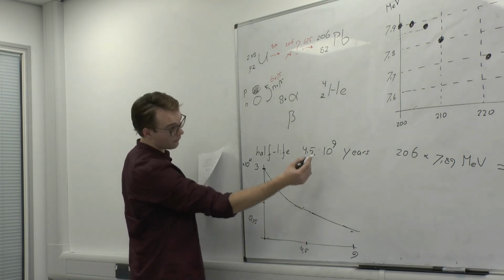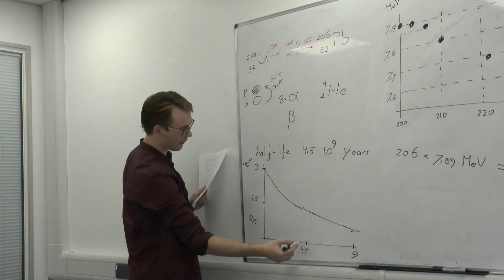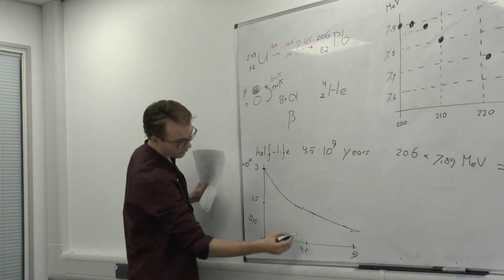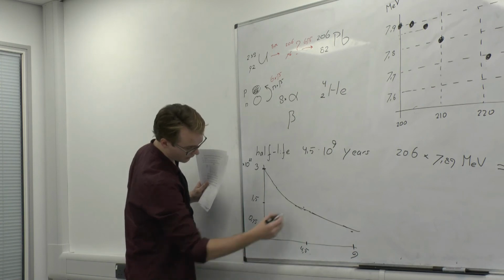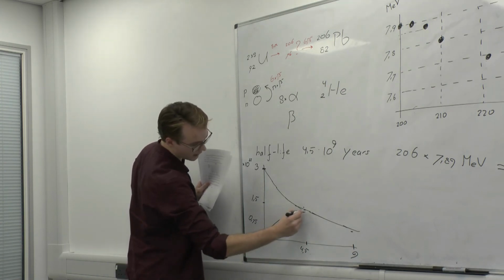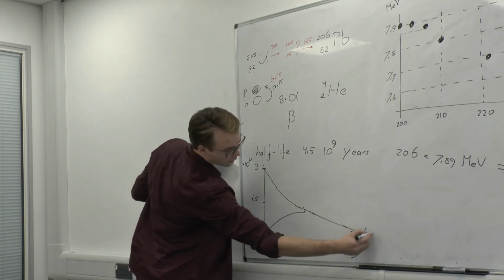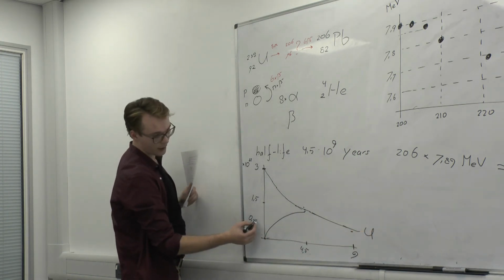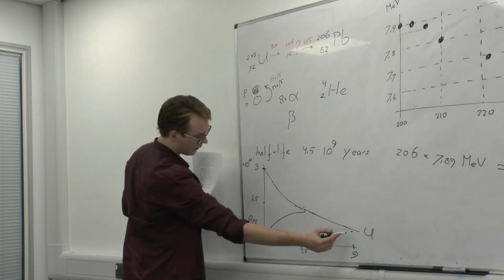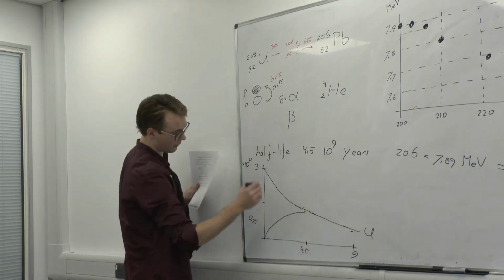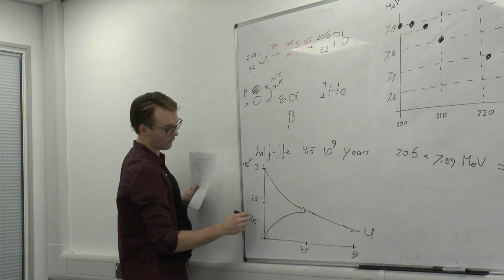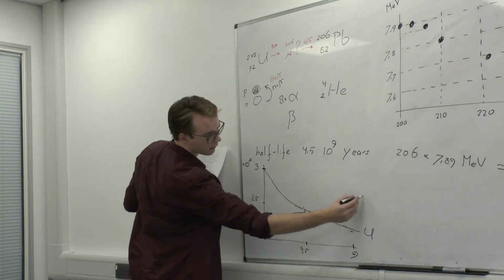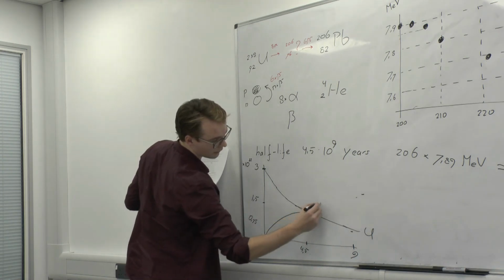And after 4.5 billion years, when half of your uranium atoms have decayed, you have gained that same number in lead atoms. So this is the number of uranium atoms. And when I have only 0.75 uranium atoms left, I have 3 minus 0.75, which is 2.25, somewhere over here, the number of lead atoms that I have.